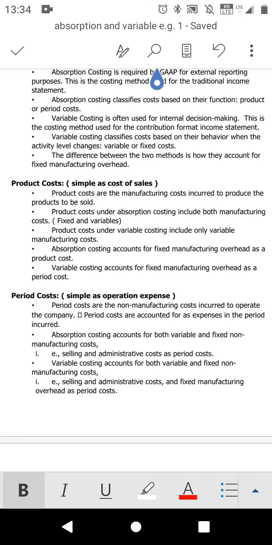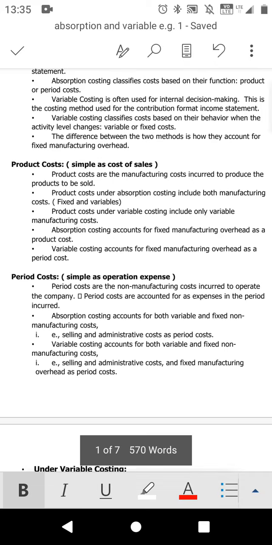Product cost under absorption includes both manufacturing costs, fixed and variable. So when we prepare the income statement under absorption costing, we include fixed cost and variable cost as a part of cost of sales. You have to take note of that.